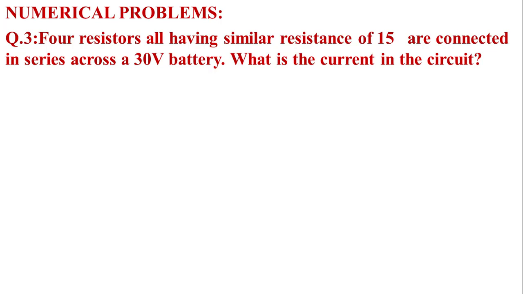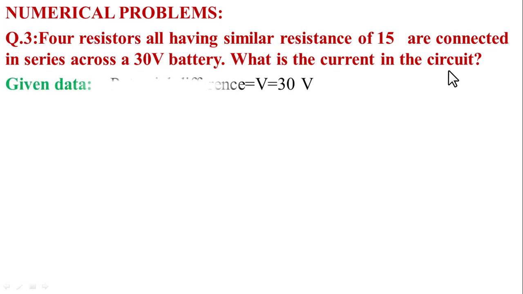In question number 4, 4 resistors all having the similar resistance of 15 ohm are connected in series across a 30 volt battery. What is the current in the circuit?